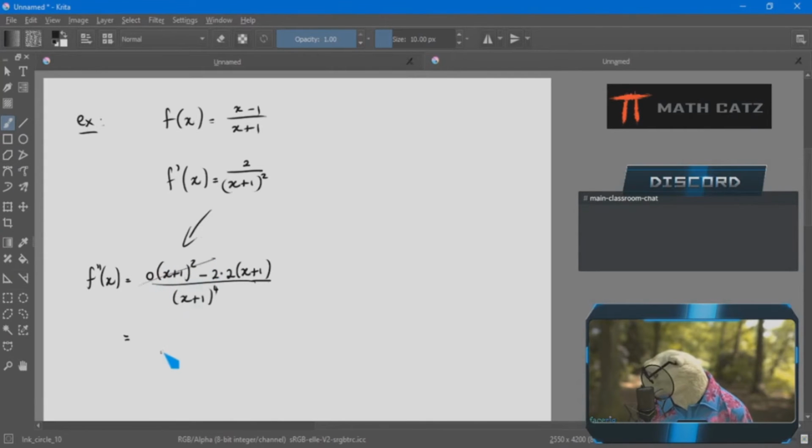This times 0 means that the term is irrelevant. I have a negative 4 and one of the brackets cancel to leave 3 of them at the bottom. Nothing wrong with that. But know your options. I have fancier properties that might be applicable. I could see this as 2 times x plus 1 to the negative 2.